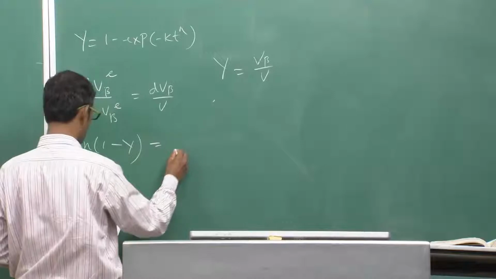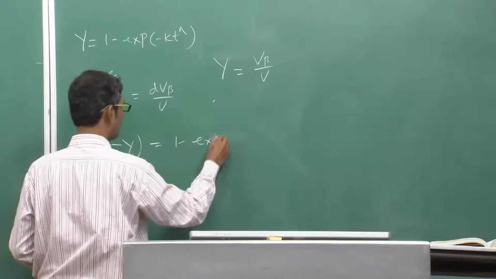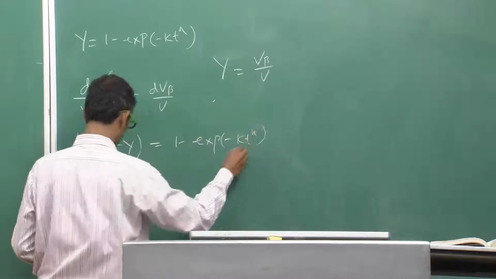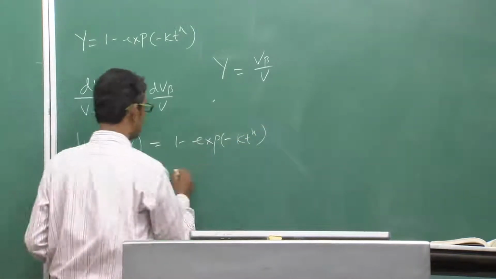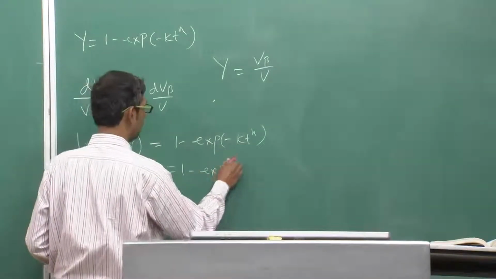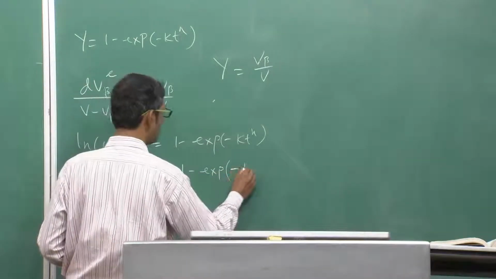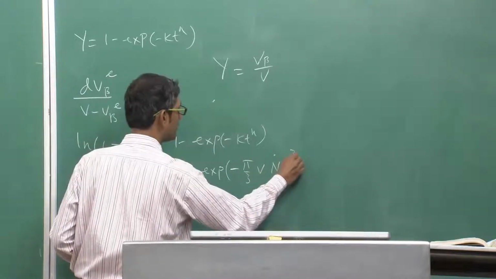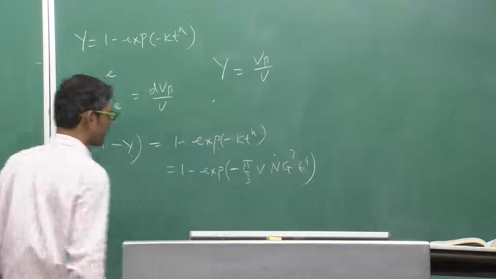So that's equal to 1 minus exponential minus k t to the n, and it's easy to understand that if I put this in, it becomes exponential minus pi by 3 times N dot times G dot cubed times t to the power 4.